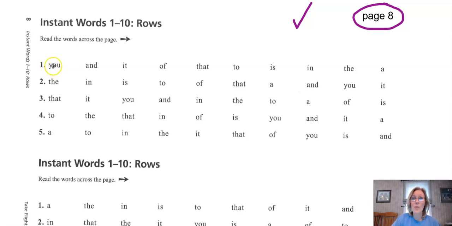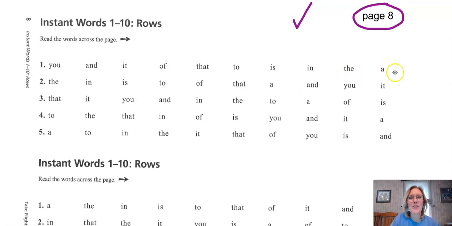But on number 1, let's say these together. You, and, it, of, that, to, is, in, the. Remember, on the, you can also say it the other way, but the way I teach it is the other way.